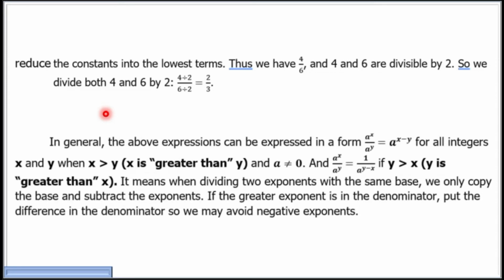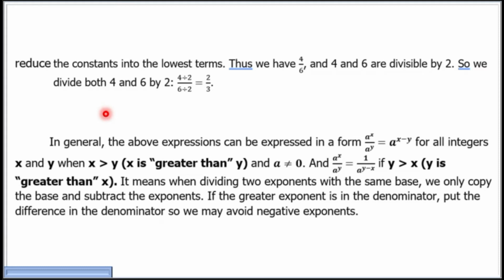In general, the above expressions can be expressed in the form of a raised to the power of x over a raised to the power of y is equal to a raised to the power of x minus y for all integers x and y when x is greater than y, and a is greater than 0, and a raised to the power of x over a raised to the power of y is equal to 1 over a raised to the power of y minus x if y is greater than x.